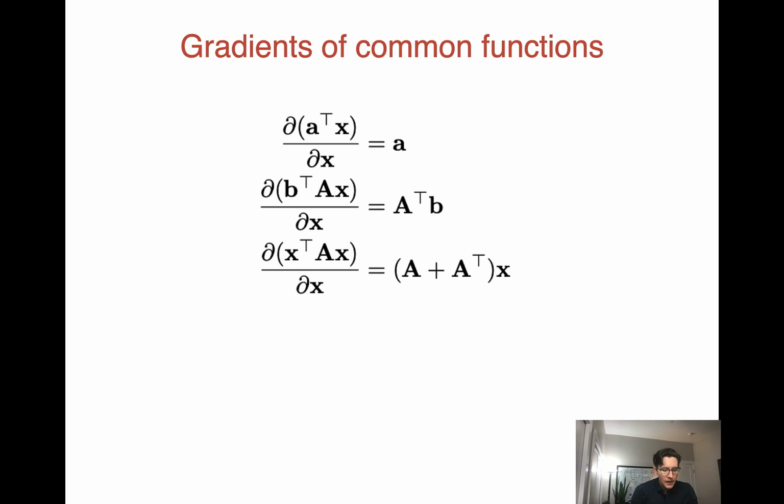Note here that we define the gradient as the column vector of partial derivatives. So here, even though we had an A transpose, A transpose is a row vector. It wouldn't make sense to put A transpose here.